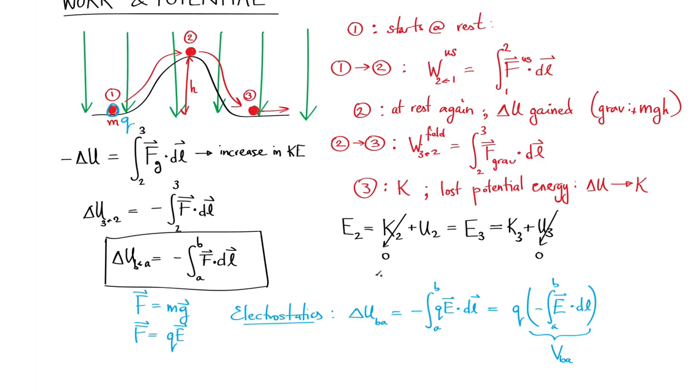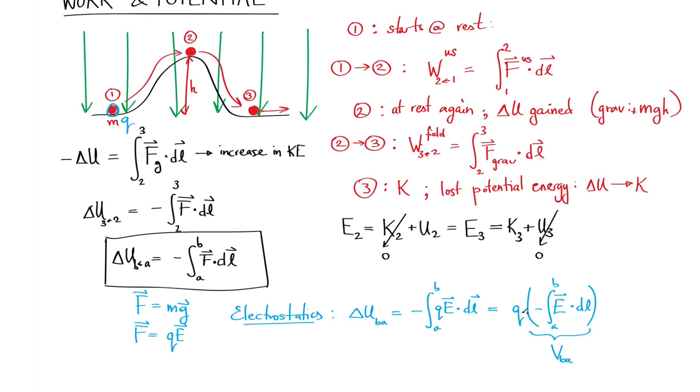So again, the reason why we've defined this potential is that if I take some charge Q and move it in some potential, and I want to know what the change in potential energy of that charge is, all I need to know is the potential.